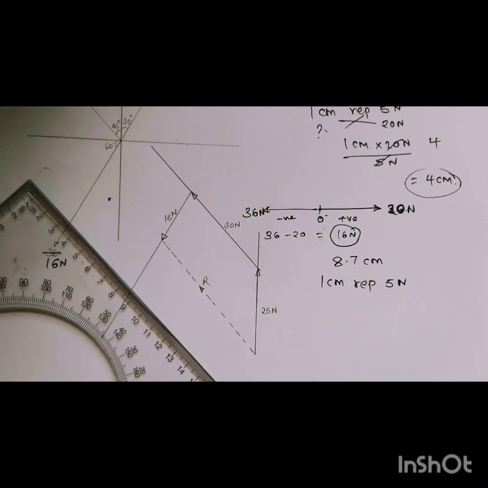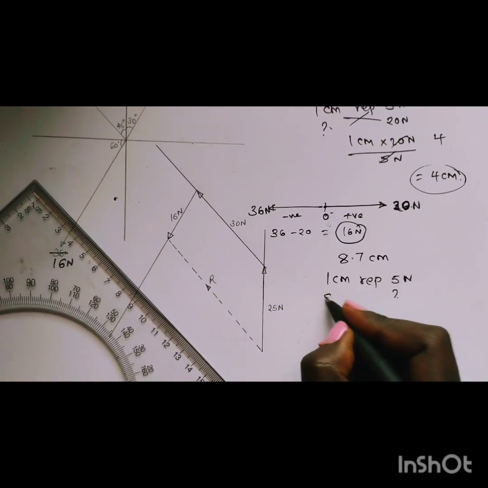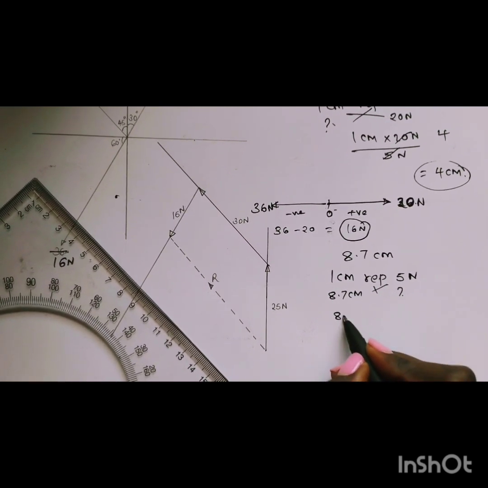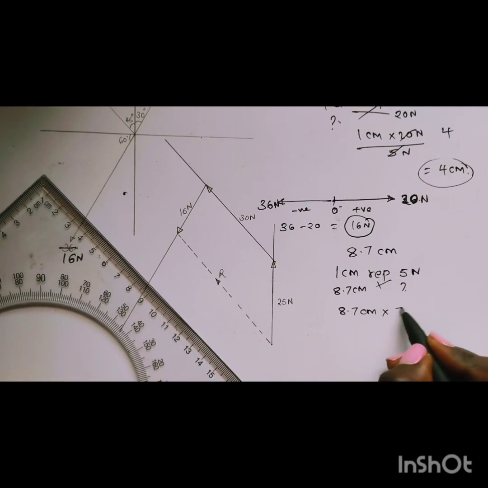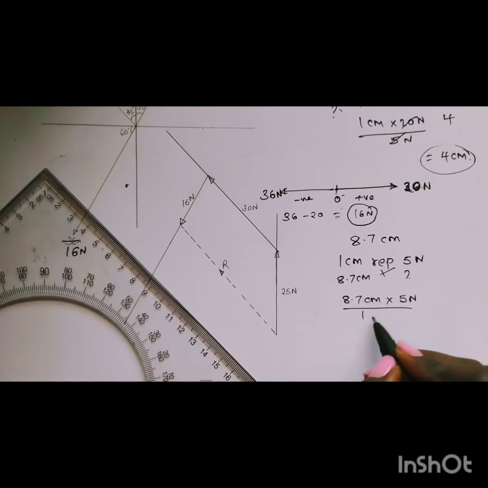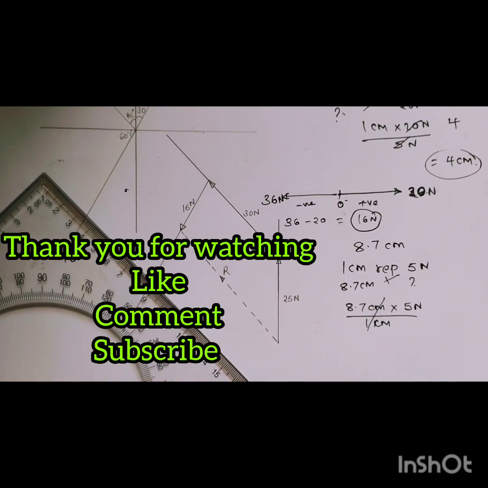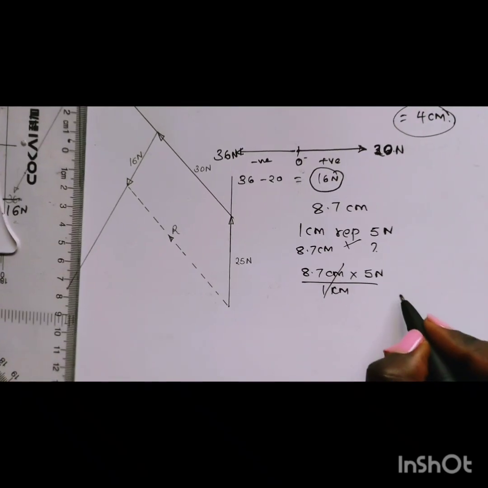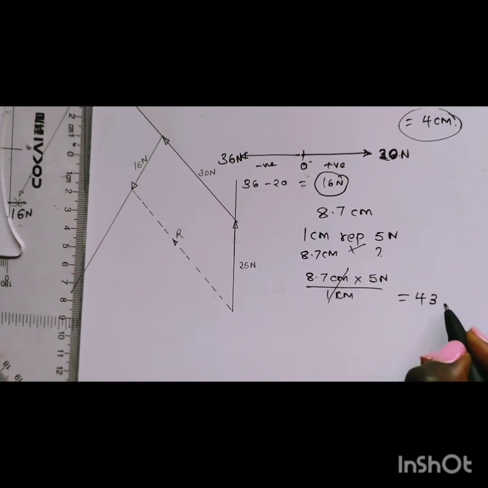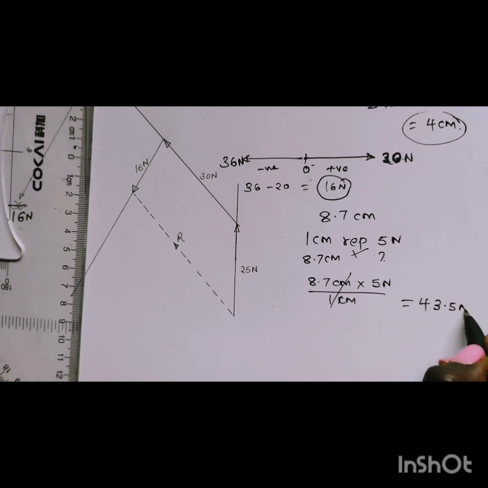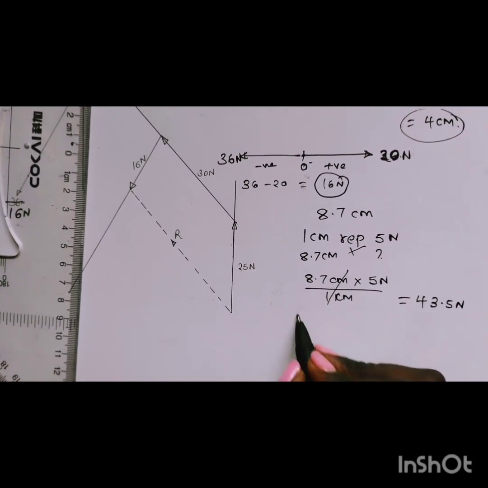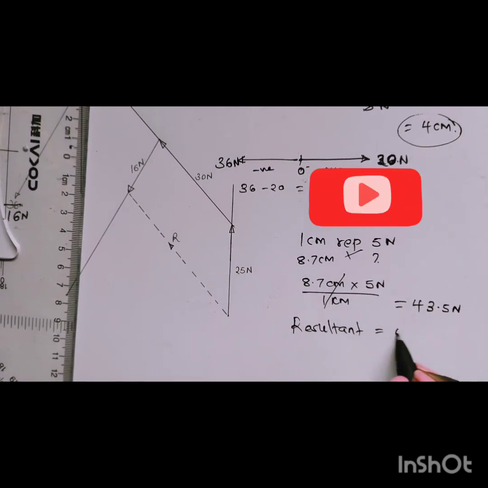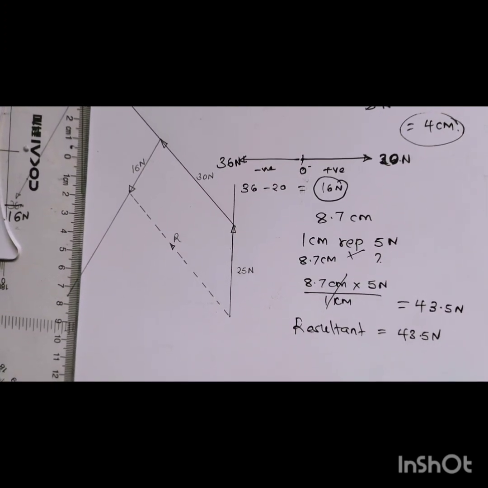Now for 8.7 centimeters, you cross multiply that: 8.7 centimeters multiplied by 5 newtons, divided by 1 centimeter. So we'll have 43.5 newtons. So the magnitude of the resultant of that system is 43.5 newtons, indicated as that.